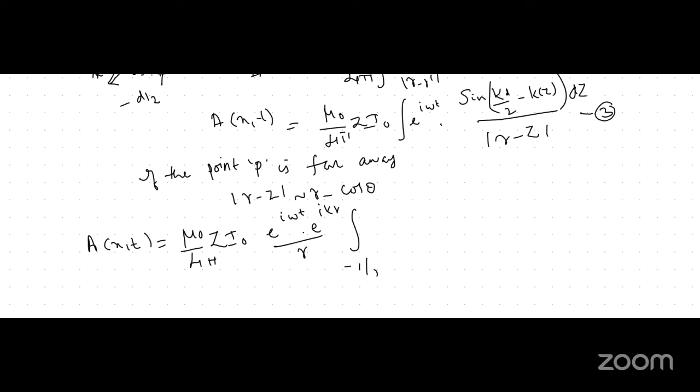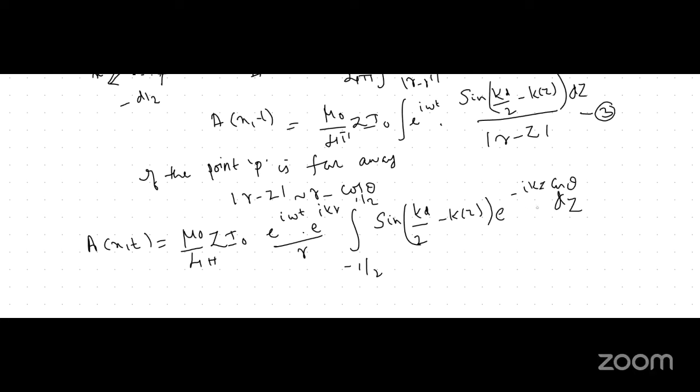That is d by 2, here we are taking it as l/2. That will be sine of kd by 2 minus k of z, and exponential of minus ikz cos theta into dz.